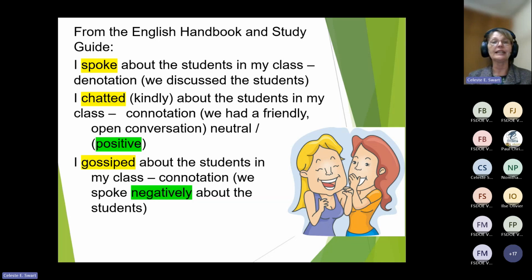If I put in, I chatted kindly, or just gave it a different word choice there, then I could make it into a positive. But if I say to you, I gossiped about the students in my class, it's immediately a negative thing. Gossip is ugly. Gossip is negative. So we have to remember that the choice of words will give you an idea. It will give you a different meaning from what you might want to say.